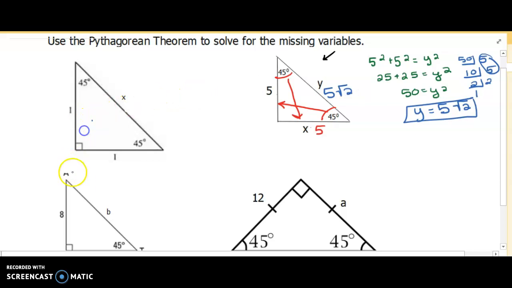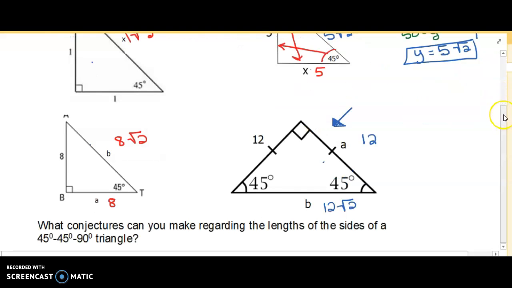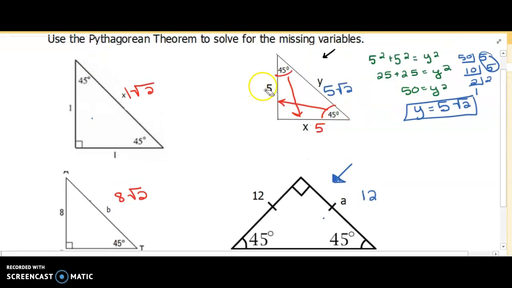Okay, so go ahead and do these 3. By the time you get to this last one, you may have come up with a formula, but if you don't, I want you to look at your answers and find a formula. It should be something that's fairly obvious. All right, so as you go through this, we had 5, 5, and 5 square root of 2 here. Over here we have 1, 1, and you should have gotten square root of 2, or I put 1 square root of 2.